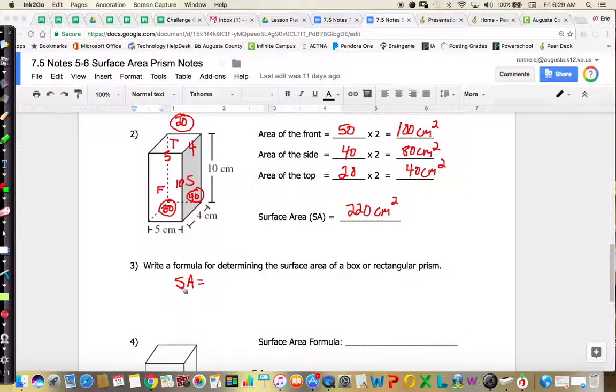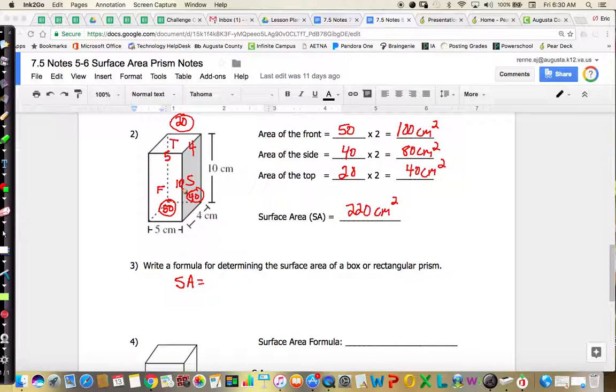Now, when we were looking at the rectangles individually, we had just a length and a width, okay? Because each side of a rectangular prism makes a rectangle. But when we look at the surface area formula, we're going to bring the height back into play, just like it was in play when we did volume.